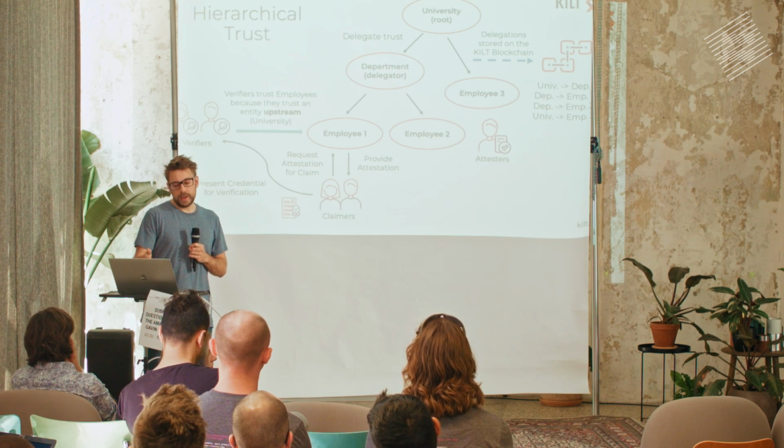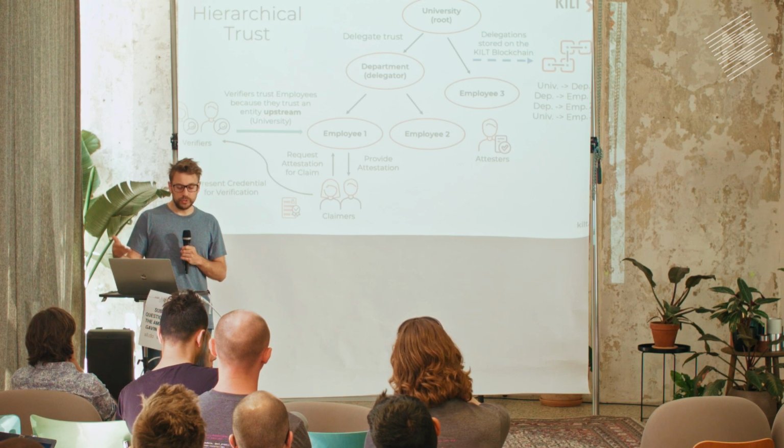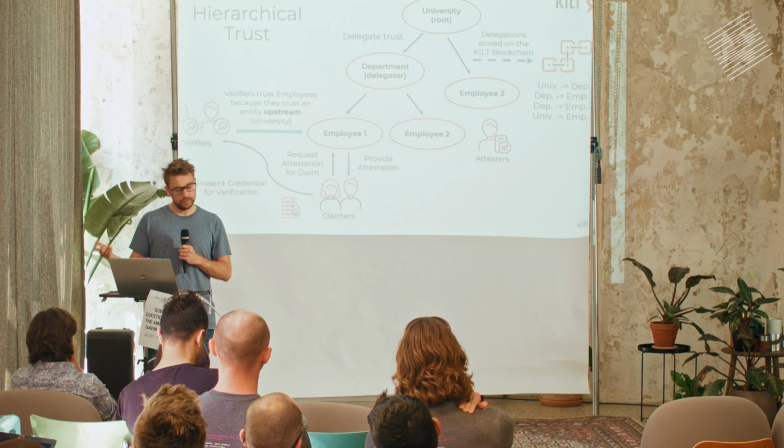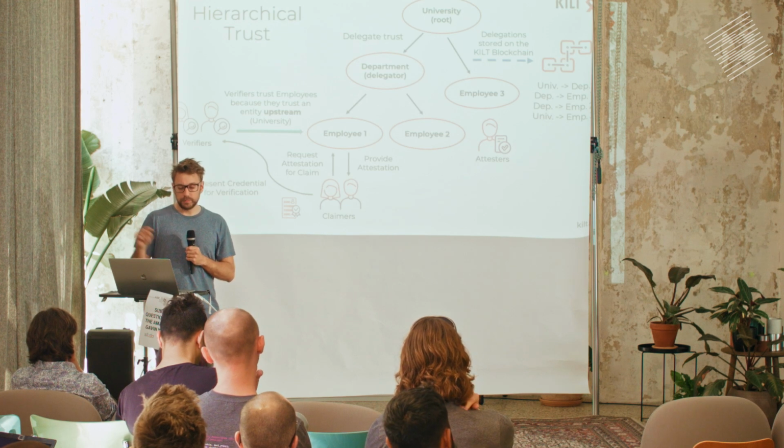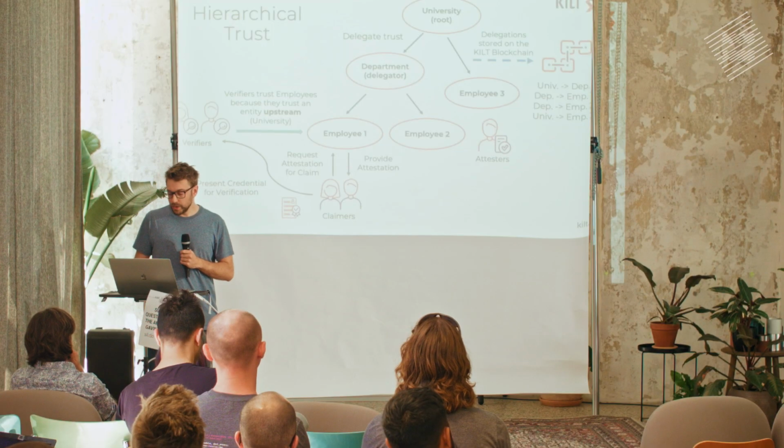They will trust an employee who issued your university degree, because they have trust upstream from the employee. They trust the university, which is at the root of the structure. We translate everyday trust relationships into our system.